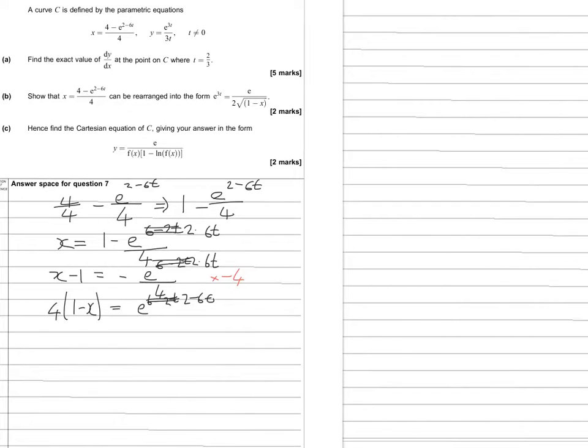Okay, so 2 minus 6t. When you subtract a power, it's the same as division. So 4 times 1 minus x is equal to e squared over e to the 6t. That's allowed because when I subtract the power, it's the same as division.